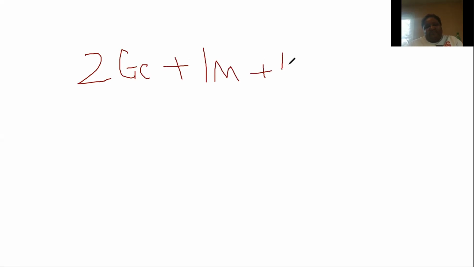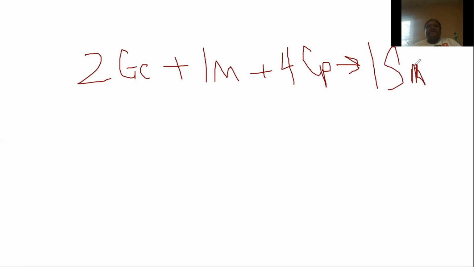All right. So if you recall, our equation was 2 graham crackers plus 1 marshmallow plus 4 chocolate pieces gives us 1 s'more, 1 SM.